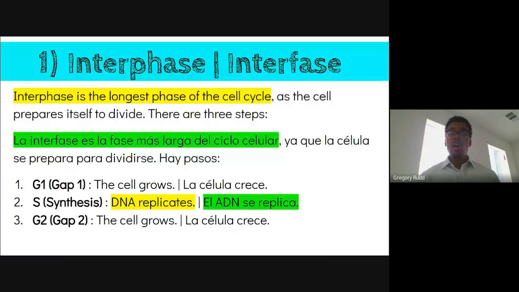So interphase is the longest phase, and this is the preparation for division. The cell is growing, and the DNA is being replicated.